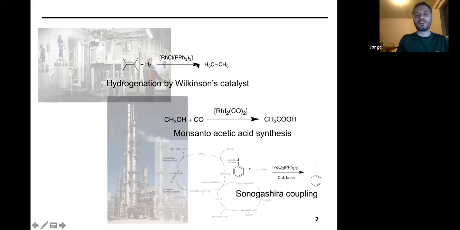They are usually composed of late transition metals or the heavy transition metals. For example, here we have a rhodium catalyst, and here a palladium catalyst. And those are the most common elements that form catalysts.